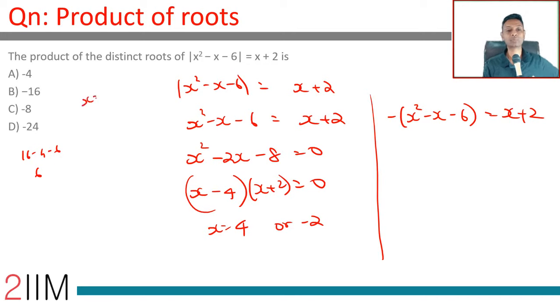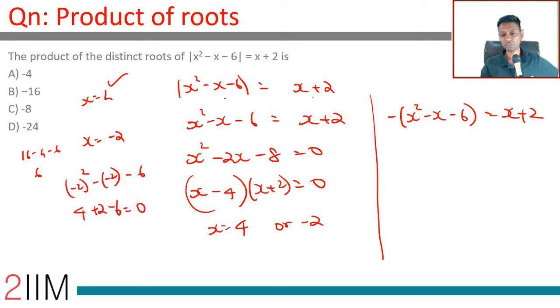X equal to 4 works. X equal to minus 2. Minus 2 whole square minus of minus 2 minus 6. So 4 plus 2 minus 6 is 0. This side is 0. X equal to minus 2 also works.